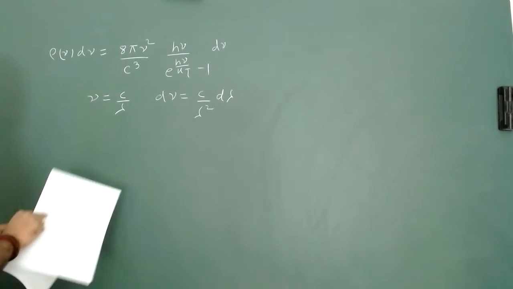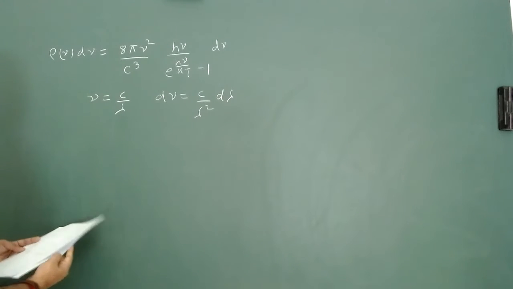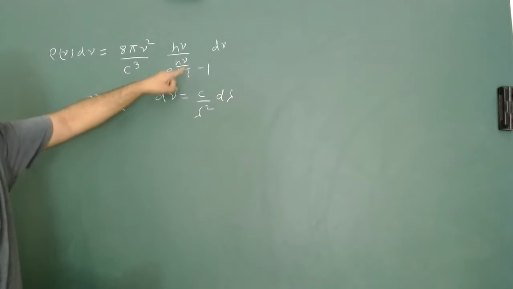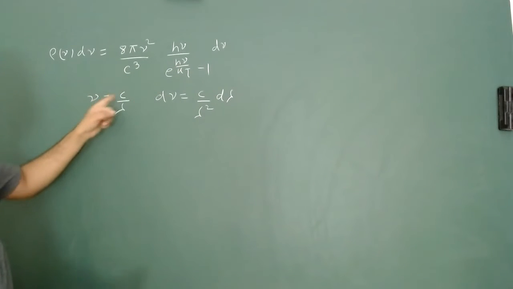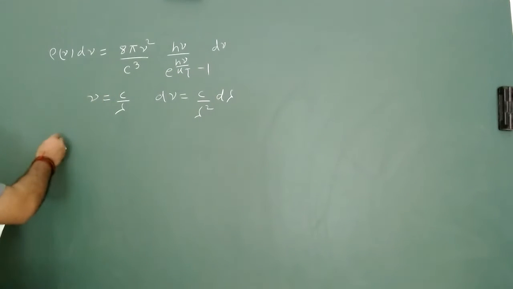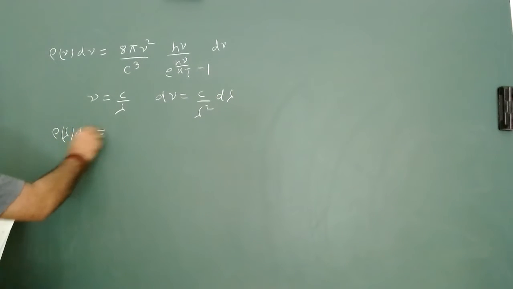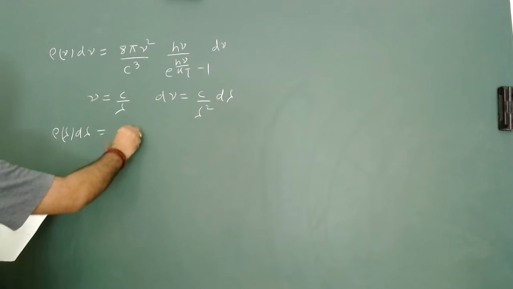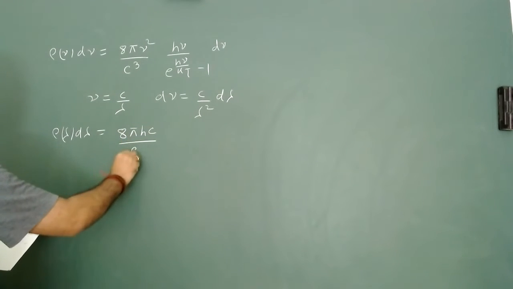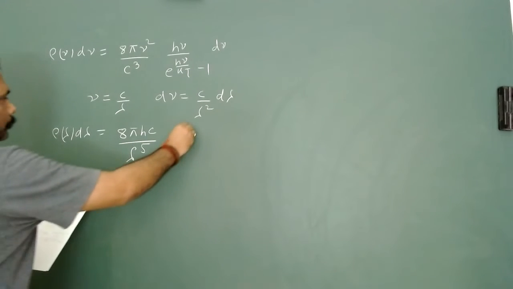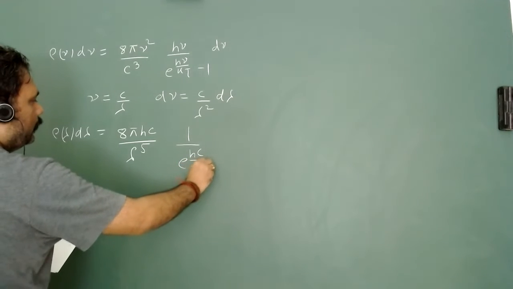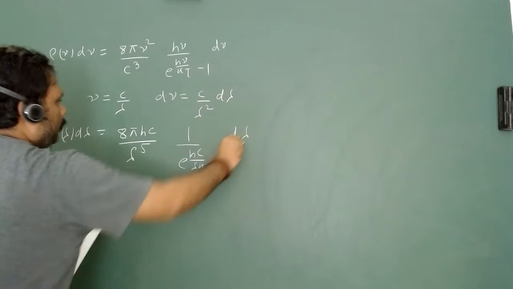Putting all this in, nu is equal to c upon lambda, h nu is equal to hc upon lambda, we get rho lambda d lambda is equal to 8 pi hc upon lambda to the power 5, times 1 upon e to the power hc upon lambda kT minus 1, d lambda.